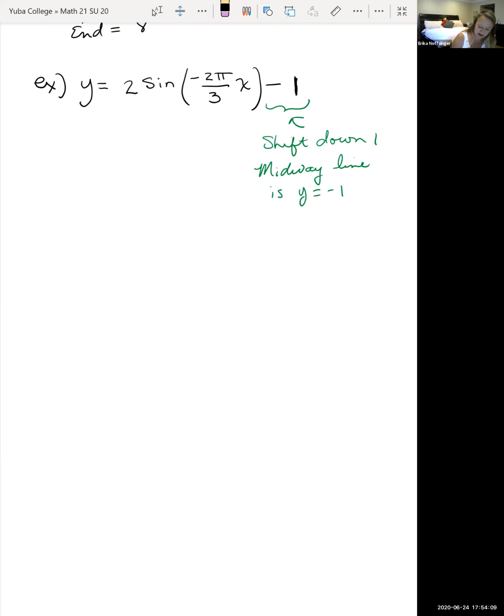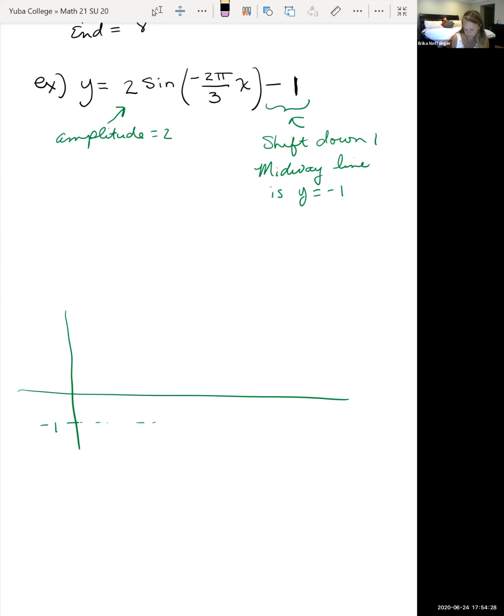The 2 is our amplitude, and that will help determine what our max and our min is. Well, if we start at -1 for our y, to get the maximum value, we're going to go up 2. So if I went up 2 from -1, I would get y is 1. And my min value, if I subtracted 2 from -1, would give me -3.